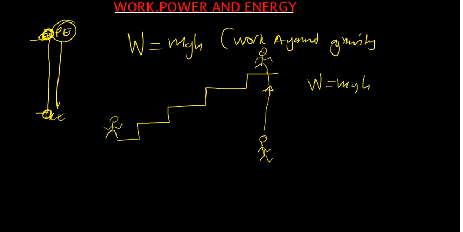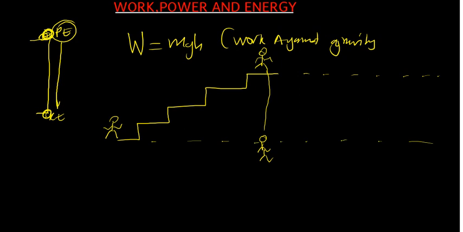The work doesn't depend on how far you have gone in this direction. It only depends on how high you went. It just depends on the height. So we don't care about how far this place is. We can see that the height is there, and the starting point is here.